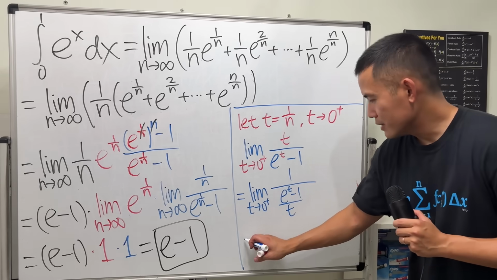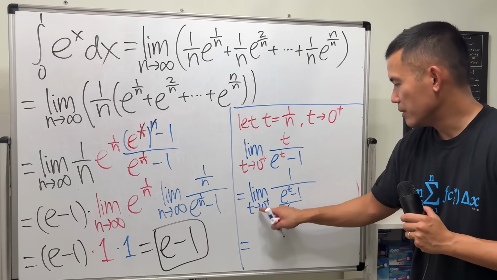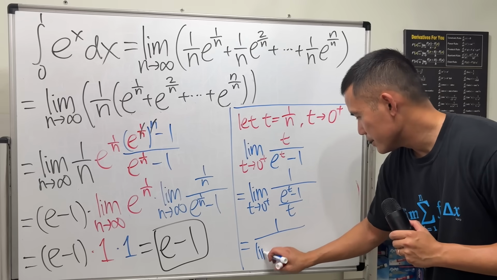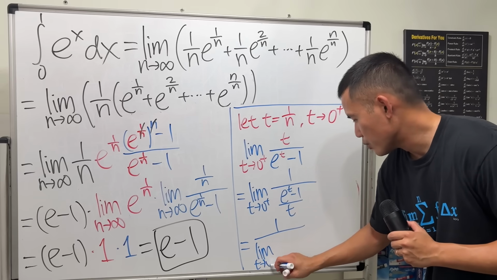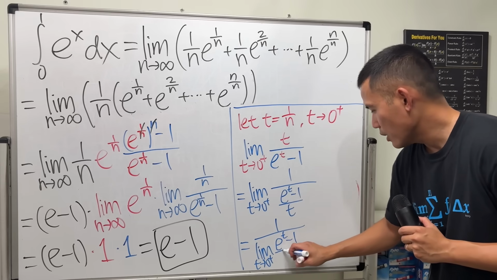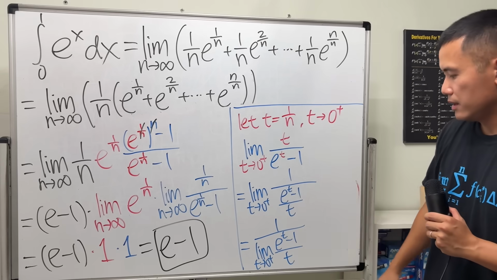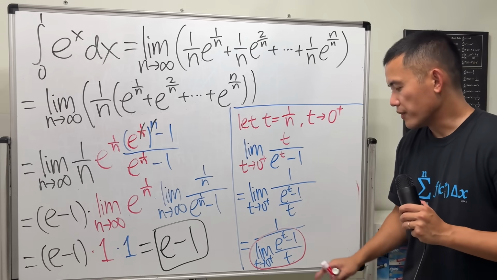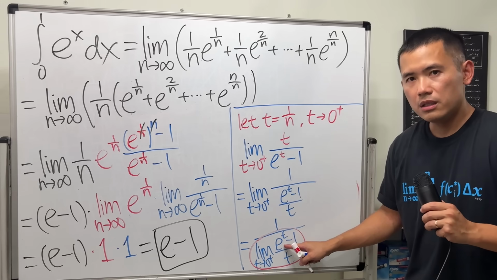Why? Because this right here, we can look at this as the limit of 1, which is just 1. So it's 1 over the limit as t going to 0 plus of e to the t minus 1 over t. And in fact, this right here could be the definition of the number e.